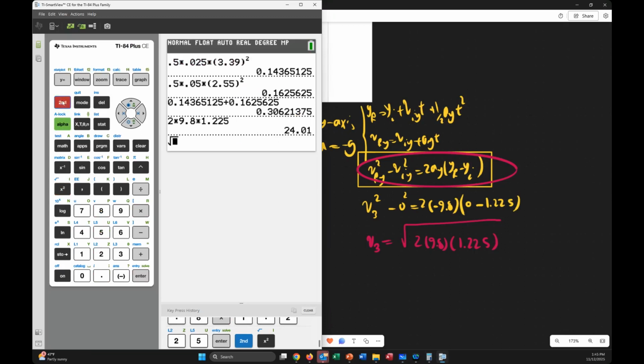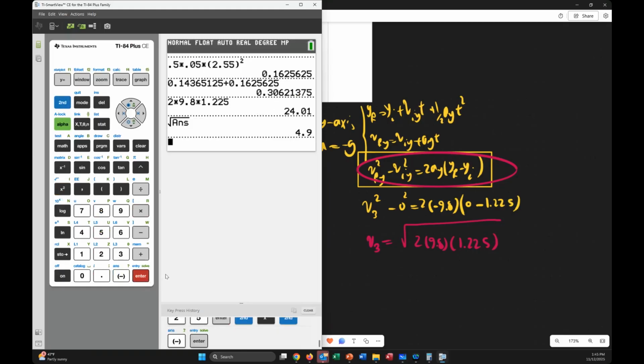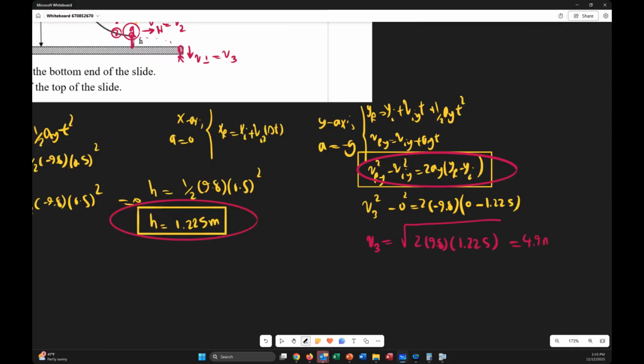The square root of the answer, I get 4.9. You got the 4.9? 4.9 meters per second. There you go.